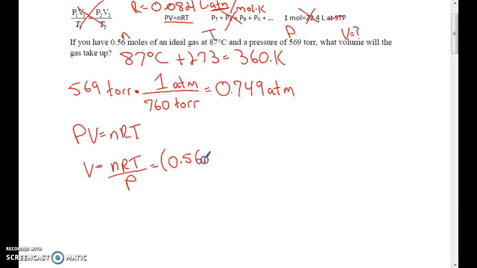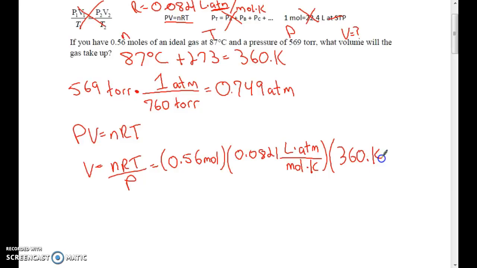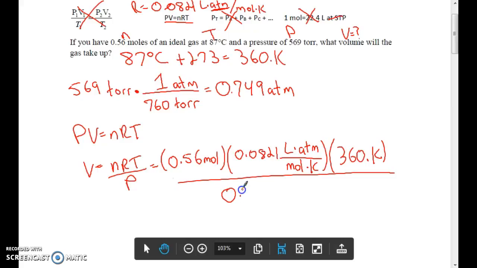0.56 moles. R is the universal gas constant, 0.0821 liters atmospheres per mole K, and we have the temperature in Kelvin is 360 Kelvin. All that is over the pressure, which is 0.749 atmospheres.